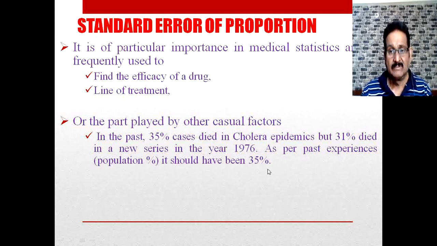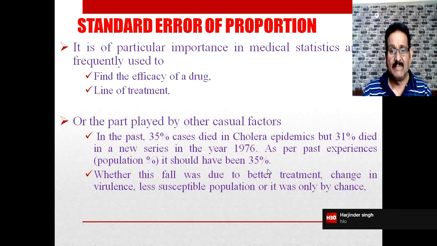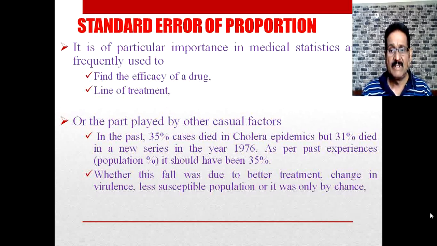So this difference of 4% is how we can measure this, that may be due to better treatment, change in virulence, a less susceptible population, or it was only by chance.